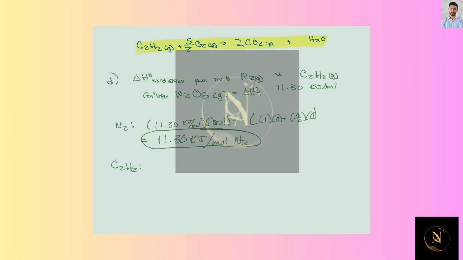This will be 2 moles times negative 393.5, and this is CO2, plus 1 mole times negative 241.82 kilojoules per mole, and this is my heat of formation of H2O.